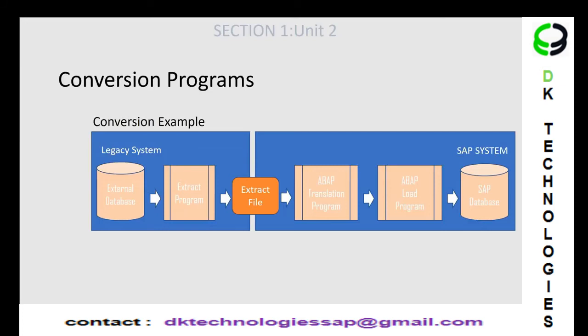You already have all your materials data. All that data you want to move to your SAP system before go live. That is a typical conversion program, and these are typically used only once before go live. They are not designed or meant to be used frequently, even though you can use them. You just develop these conversion programs where you're converting external data into SAP format and then updating that in your SAP system.